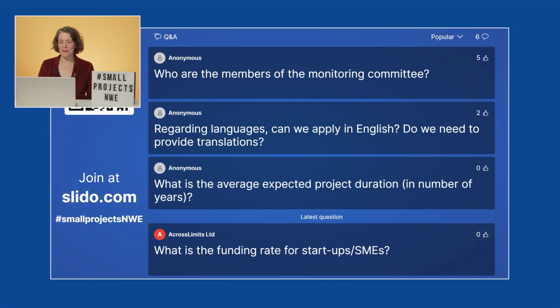Another question. This one's interesting. Who are the members of the monitoring committee? They are representatives of regions and national or regional level from our partner countries. They're the ones that are taking the decision on projects.